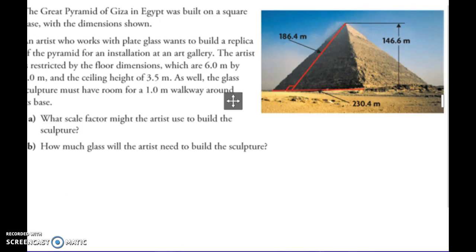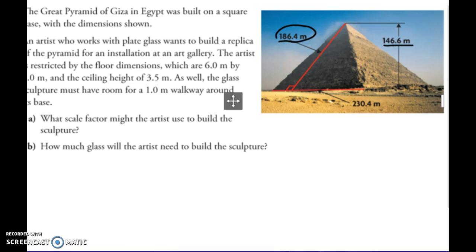And we're talking about the pyramid in Egypt was built on a square base with the dimensions shown. So the base is 230.4 meters. It has a slant height of 186.4 meters and a height of 146.6 meters. An artist who works with plain glass wants to build a replica of the pyramid for an installation at an art gallery.